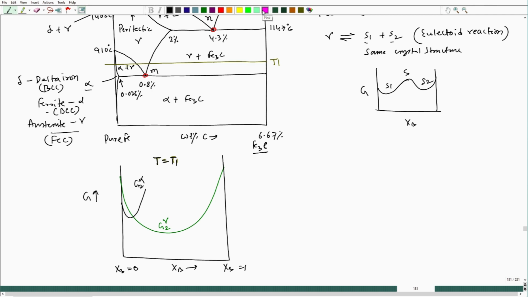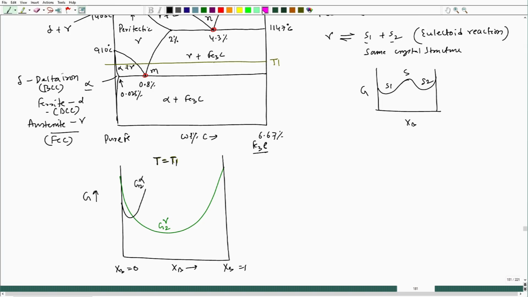If I take it as a near stoichiometric compound, the composition does not vary, so it could be considered as a single line for the free energy composition of Fe3C.